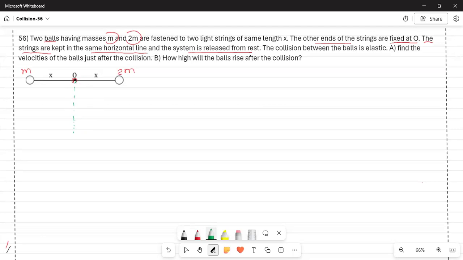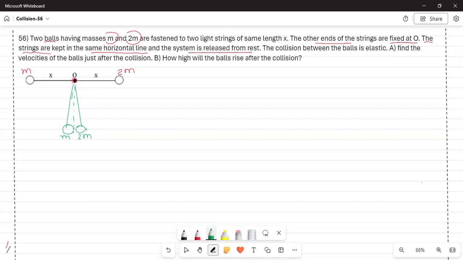Let me draw the situation just before collision. Just before collision, say this is 2m and say this is m. This is just before collision.